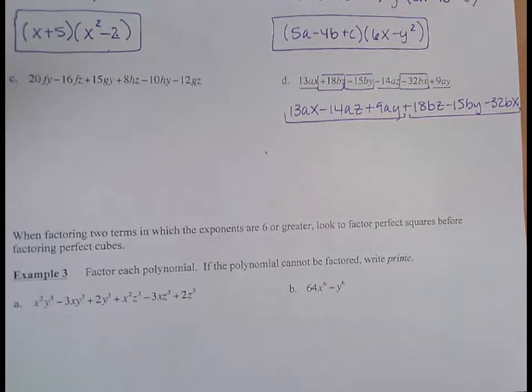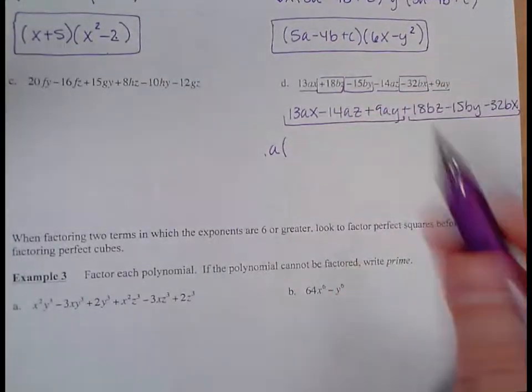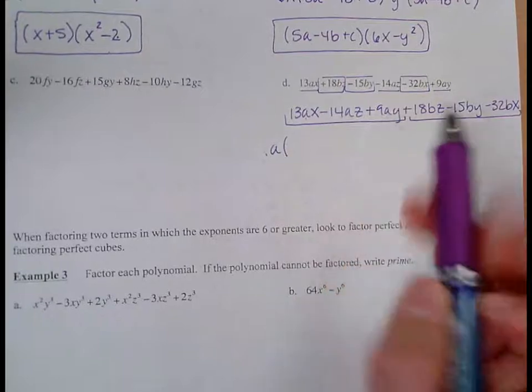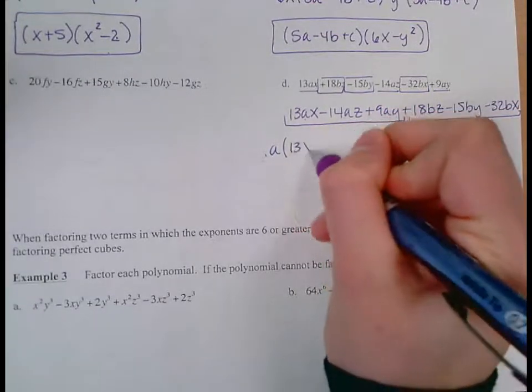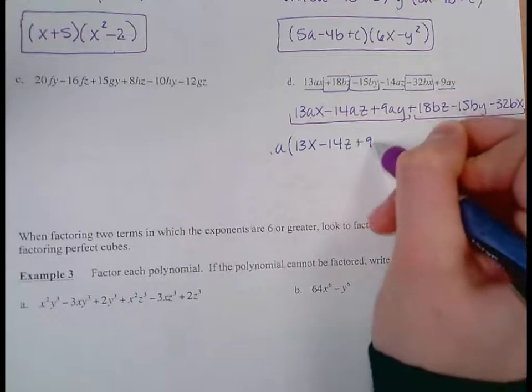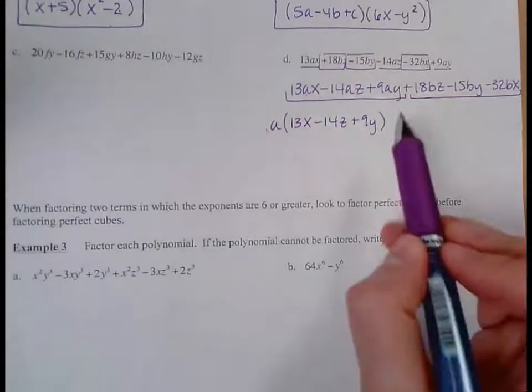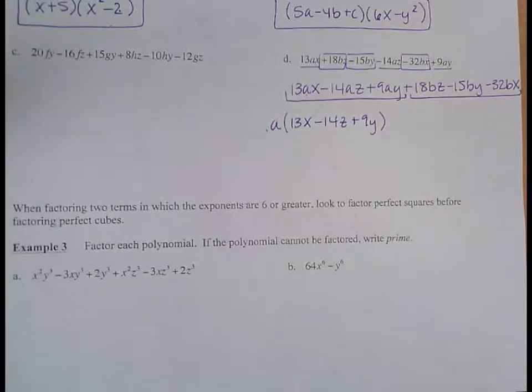Now, the first 3, do they have anything besides the A in common? Is there anything else I could take out? I see some no's. So if I factor out an A from the first 3 the way I rewrote it, I'd have 13x minus 14z plus 9y. And then the last 3 I know have a B in common.